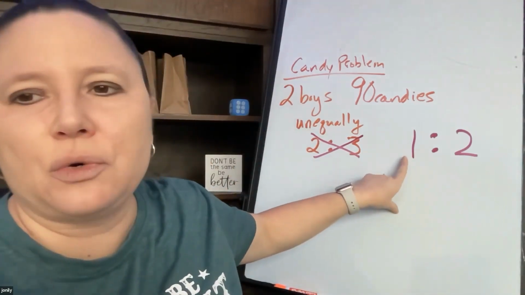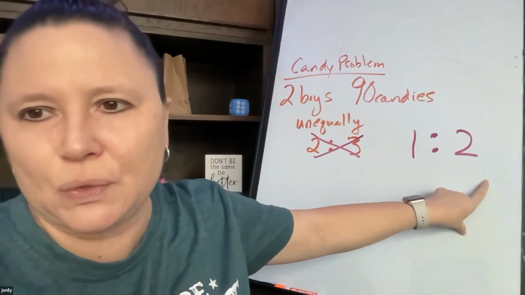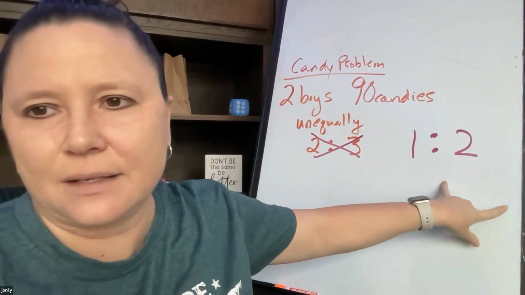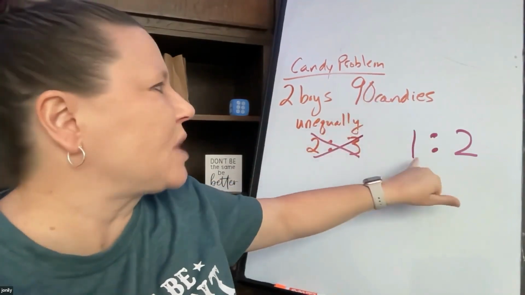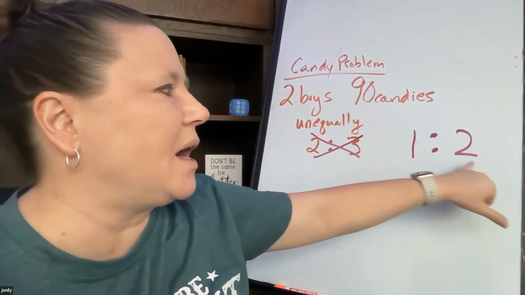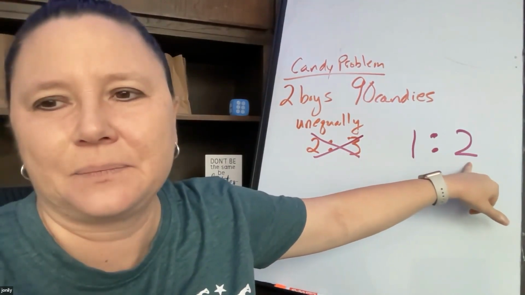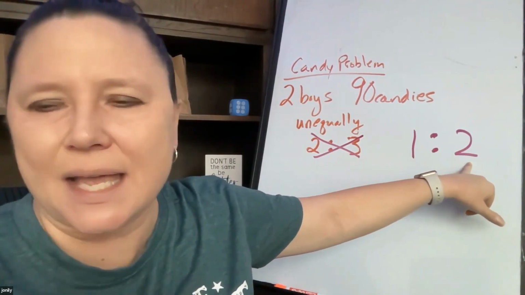So I can do a 1 to 2 sharing unequally with 90 candies. But I probably wouldn't want to do a 1 to 3. And I'm not going to tell you why.